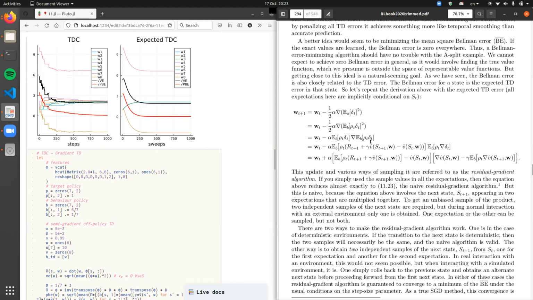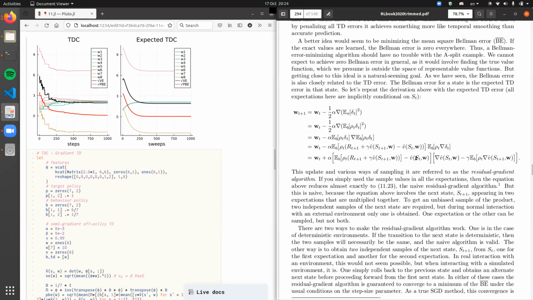Then we write down the gradient again, and we have the same problem: we have these two expectations, and the samples are not independent.